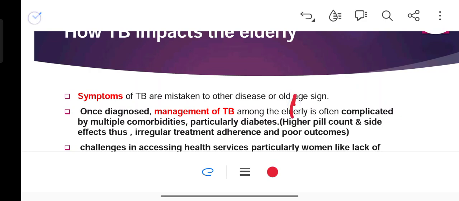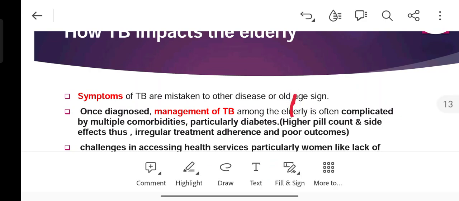Whenever the disease of TB affects older people, the people or the family don't recognize that disease. Why? Because they think this is an age-old problem, not related to TB. They assume that.